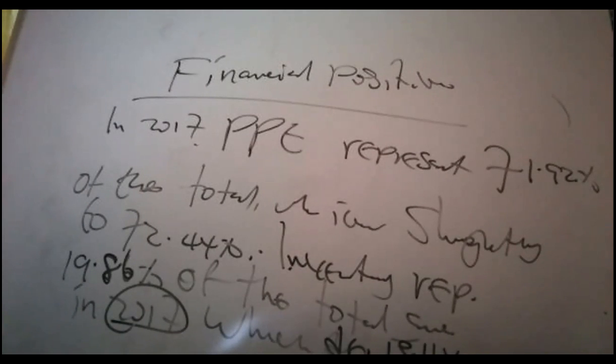So this resulted in an inflow of what? Cash, making the company highly liquid in 2018. That is it. So it means the liquidity position has been improved as a result of this decrease in the inventory, because the inventory is going down. They are selling them to receive money.